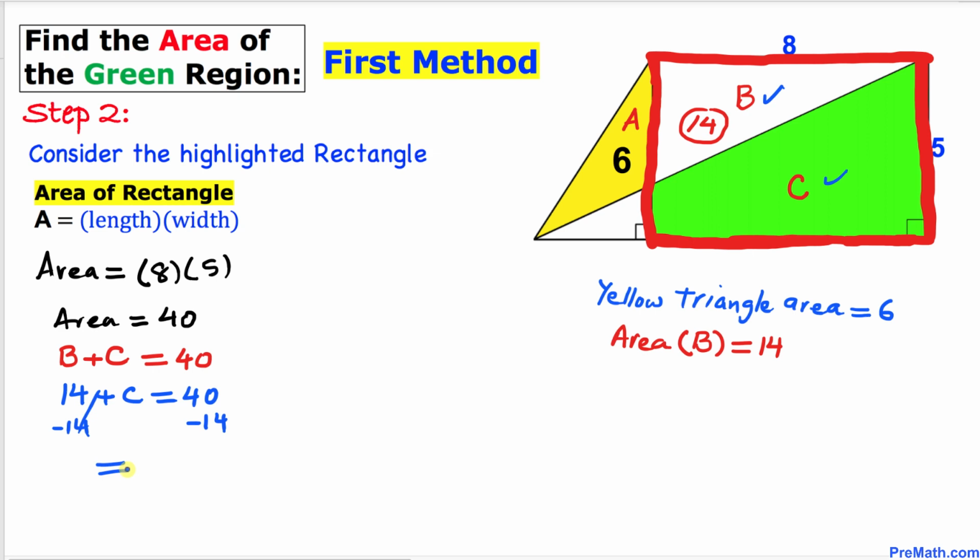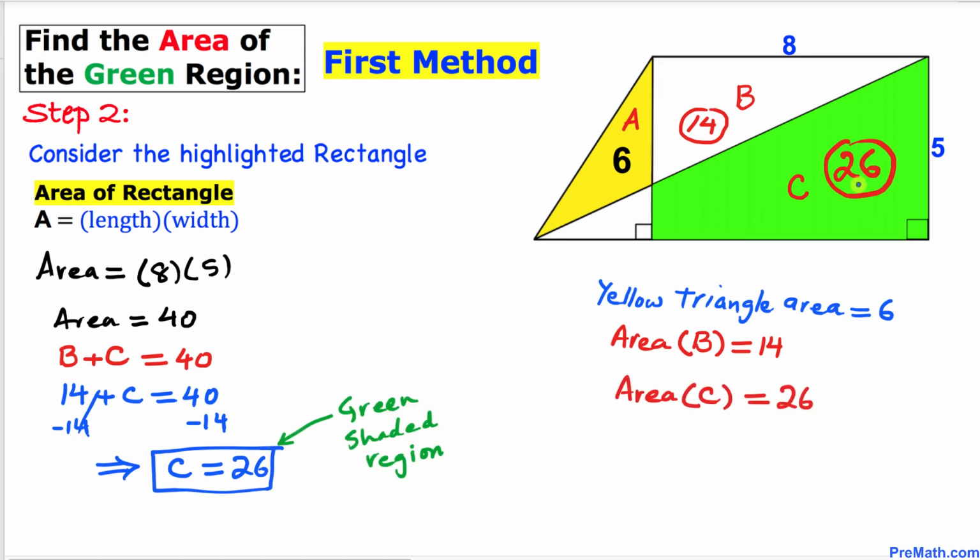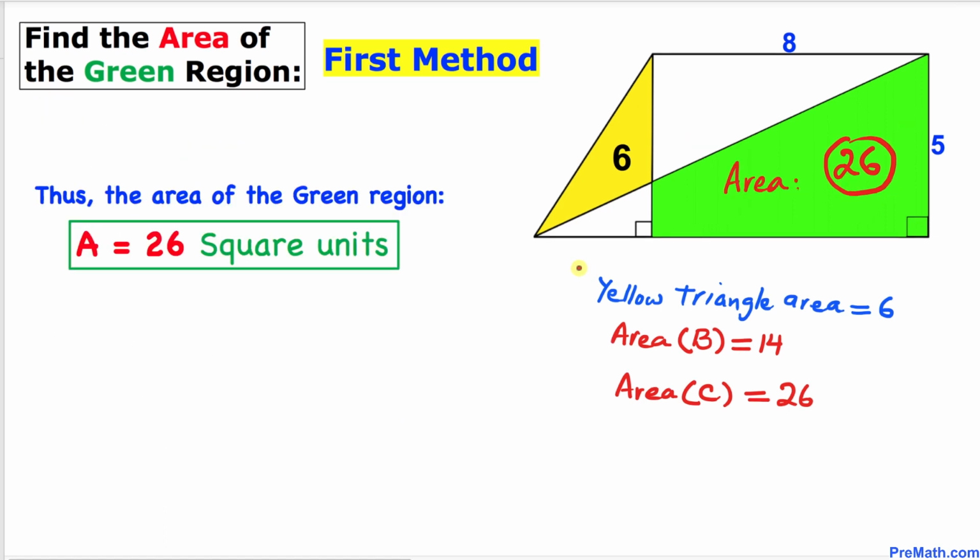So that means our C value turns out to be 26 square units. So thus the area of this green shaded region turns out to be 26 square units.